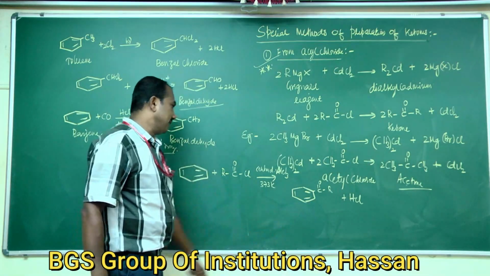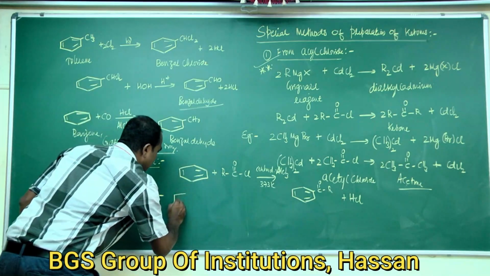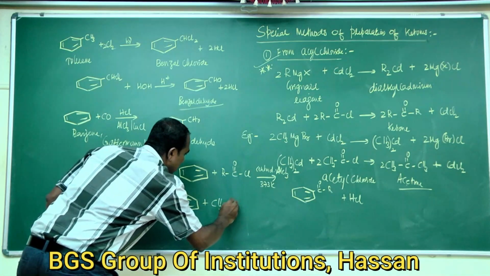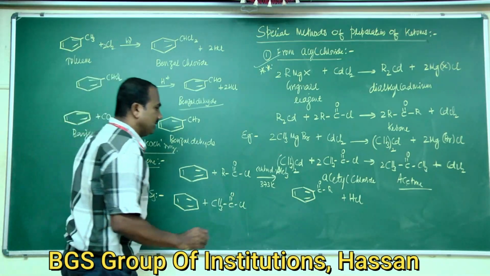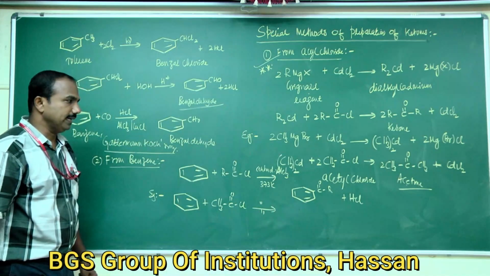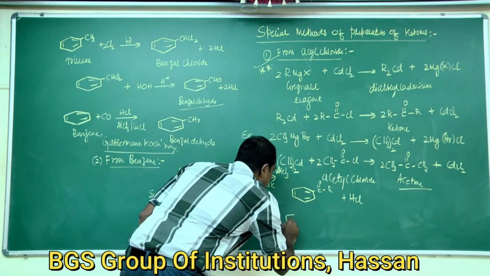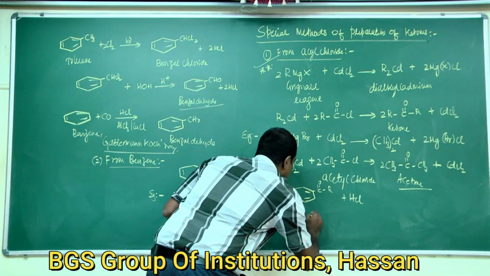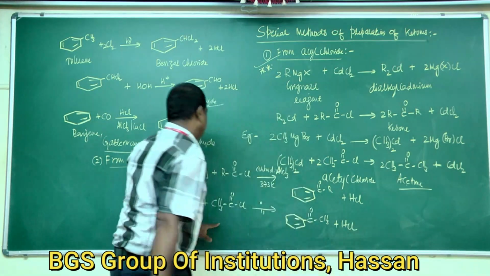This is an aryl ketone. An example for this is when benzene is treated with acetyl chloride in the presence of anhydrous aluminum chloride, heated at a temperature of 373 Kelvin, it gives acetophenone: a benzene ring connected to COCH3, plus HCl.